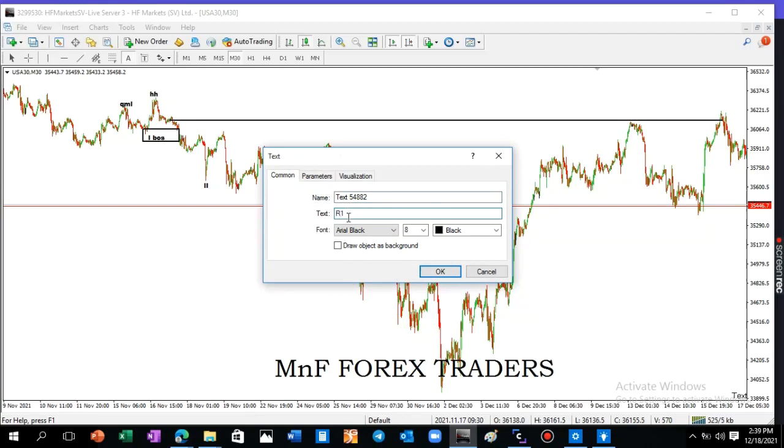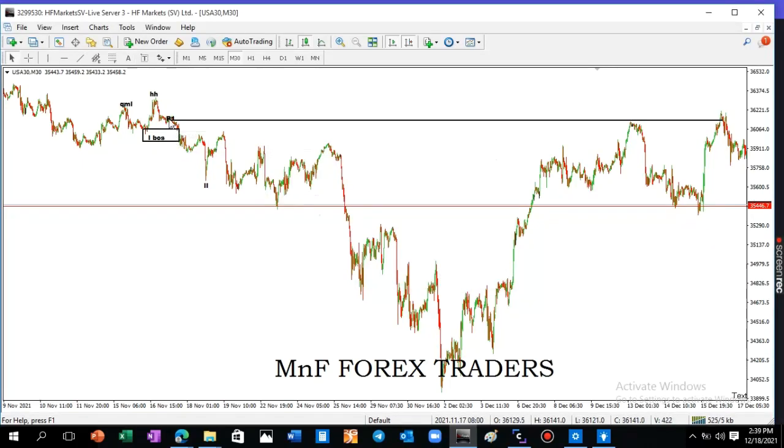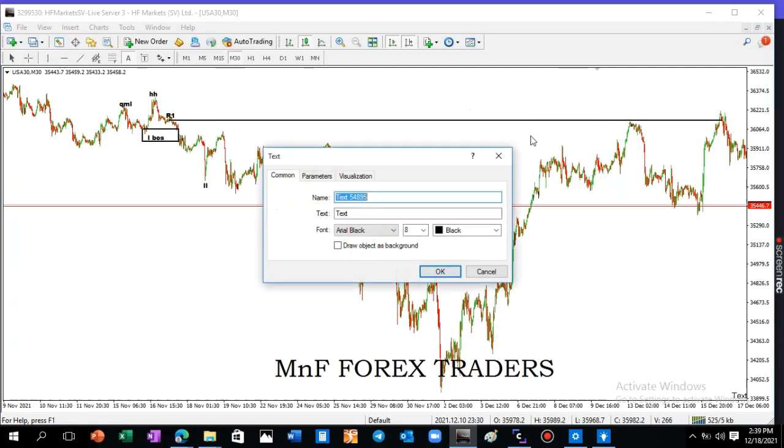So here I had my R1, my resistance one here, and then I had my R2 right there.